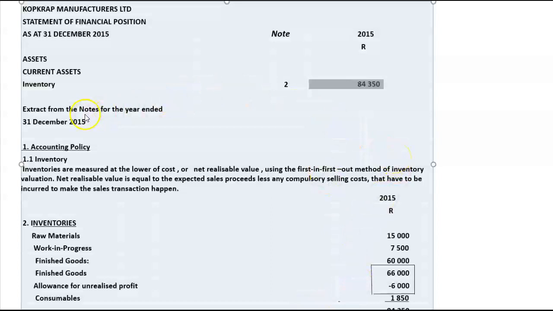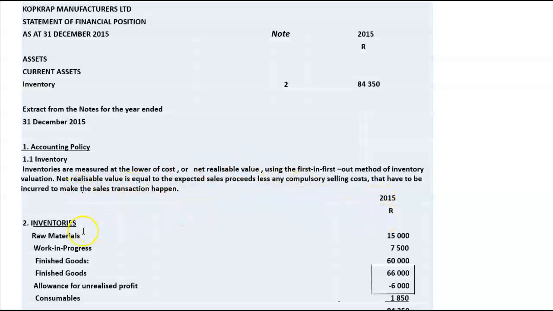Then extract from the notes to the financial statements for the year ended 31 December 2015. Accounting policy. Inventory. Inventories are measured at the lower of cost or net realizable value using the first in, first out method of inventory valuation. Net realizable value is equal to the expected sales proceeds less any compulsory selling costs that have to be incurred to make the sales transaction happen.